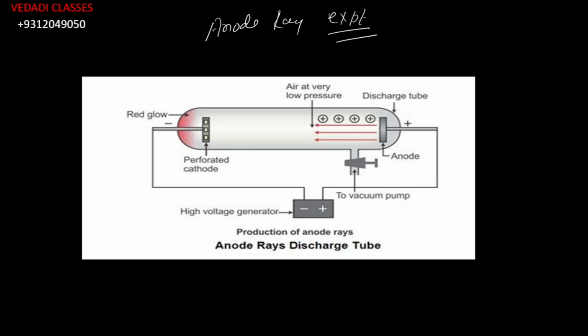Under the same conditions, when the voltage is 10,000 volts and the pressure is reduced, we observe rays coming from the anode and moving towards the cathode. The cathode is already negatively charged, so it must be a positively charged particle. The properties of the anode ray are more or less the same as for the cathode ray. How? Have a look here. So, properties of the anode ray.